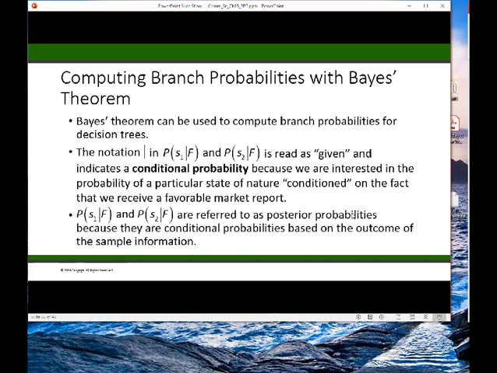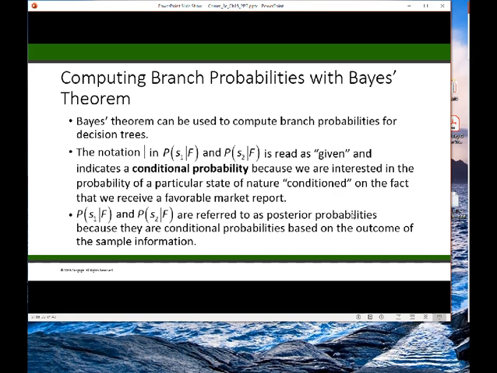And of course, that was 94%. And then the other probability is the probability of weak demand given that we have a favorable report. So they're not going to be 100% right. In this case, that's a 6%. So 6% of the time they get it wrong.